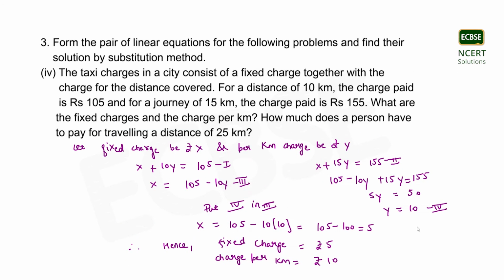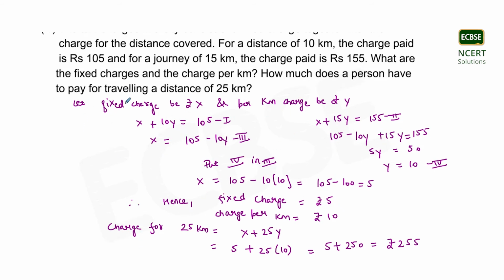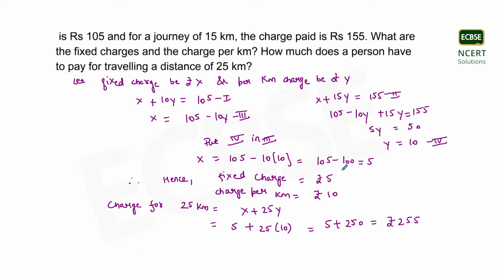So this was about the problem 4th, that is, the fixed charge comes out to be equal to rupees 5 and the charge per kilometer comes out to be equal to rupees 10, and the charge which a person has to pay for traveling a distance of 25 km is equal to rupees 255.